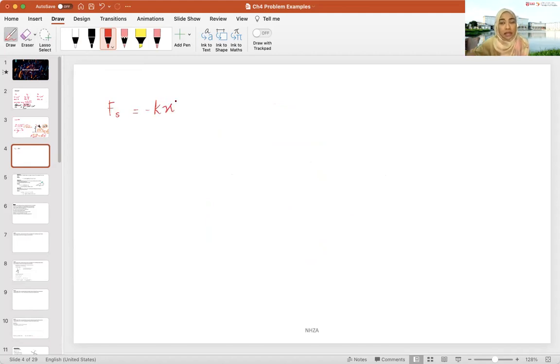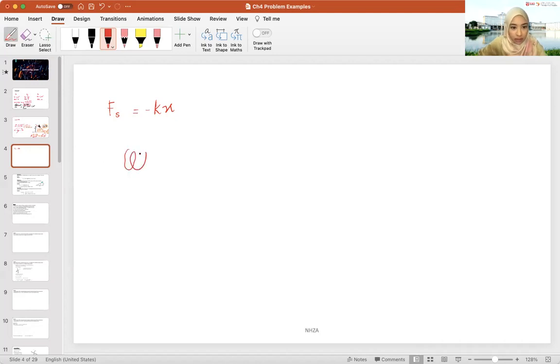That is the elastic. Wait, I think it made a sound. Okay, sorry about that. It was my cat. My cat was like ringing the bell. Okay, so Fs equals minus Kx.